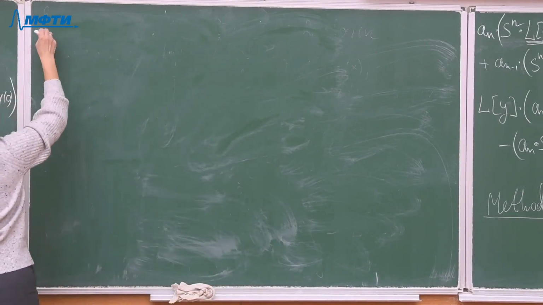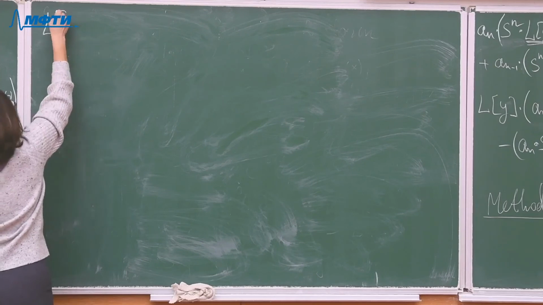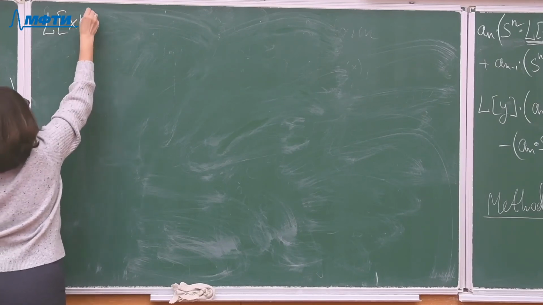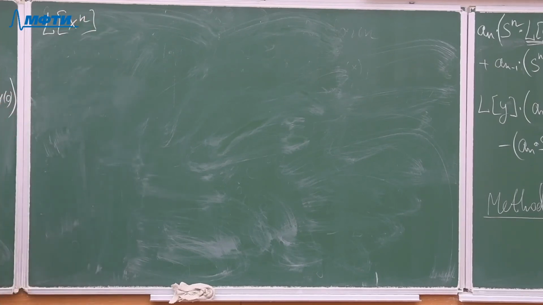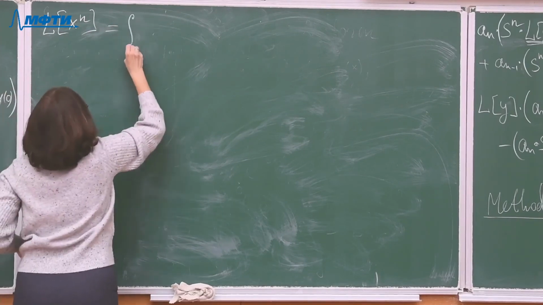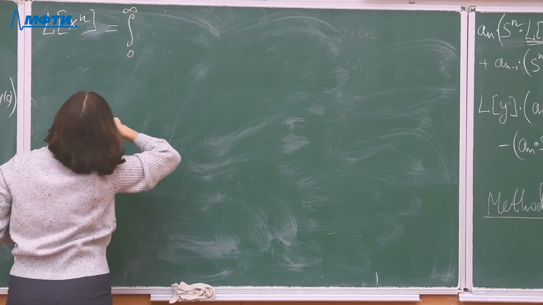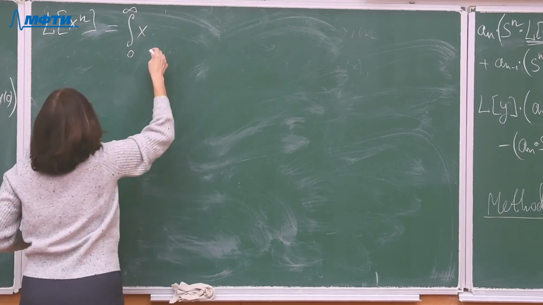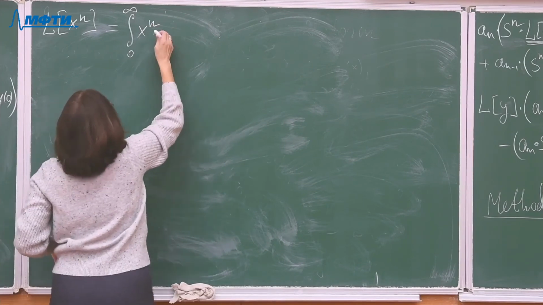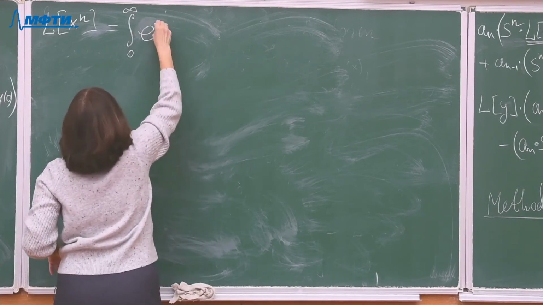At the end of the lecture, I will try to find L of x^n. Let's do this. L of x^n is the integral from 0 to infinity of x^n e to the power minus sx.